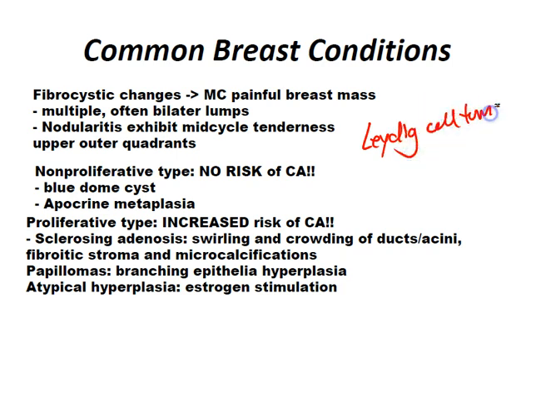So a Leydig cell tumor can cause gynecomastia, as well as puberty, old age, and Klinefelter syndrome. The gynecomastia in cirrhosis is due to decreased breakdown of estrogen secondary to decreased metabolic capacity of the fibrotic liver.